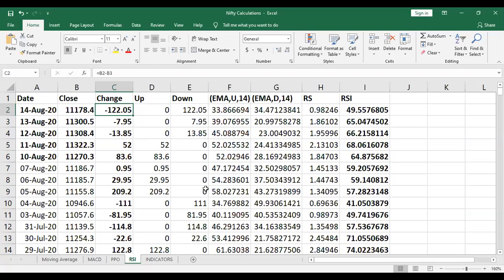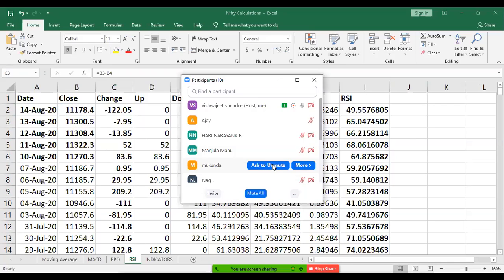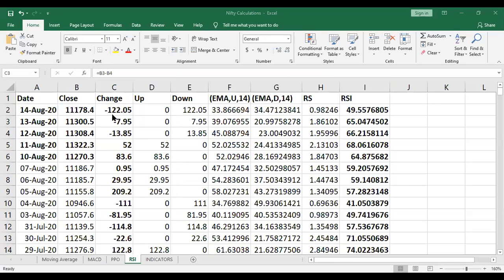So that is equal to the current price less the previous price. Then we get the changes, that is, how the Nifty has changed in points.